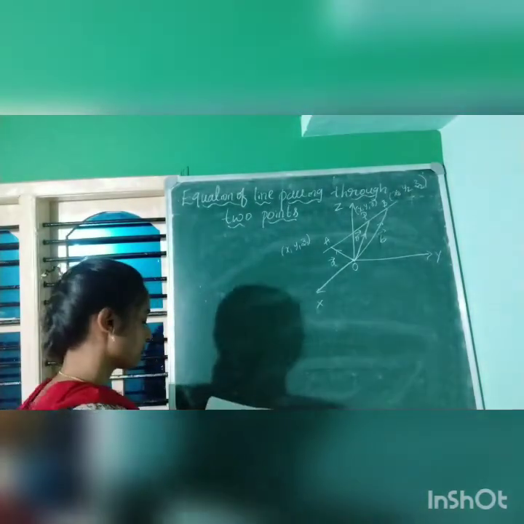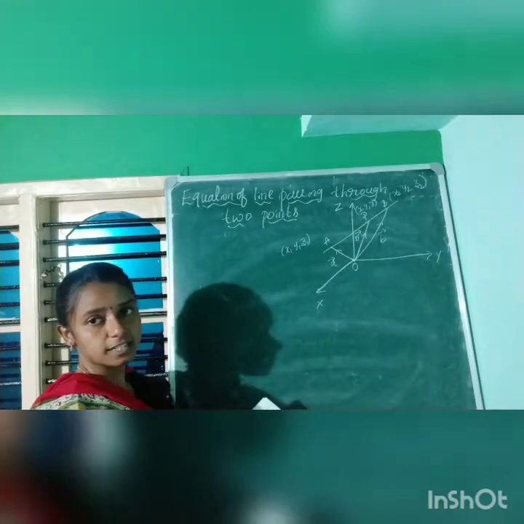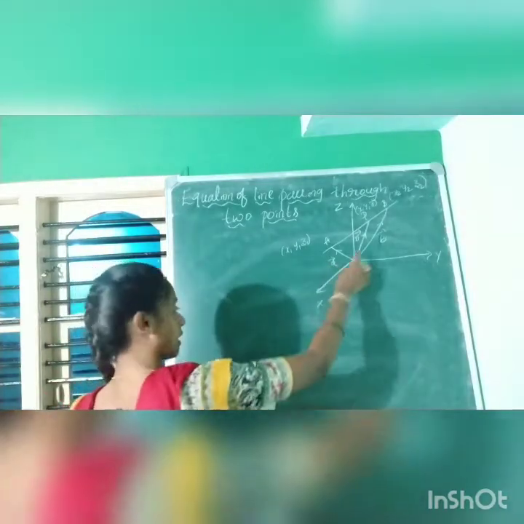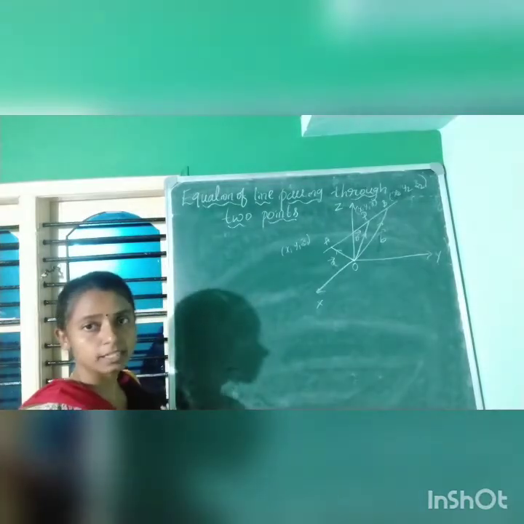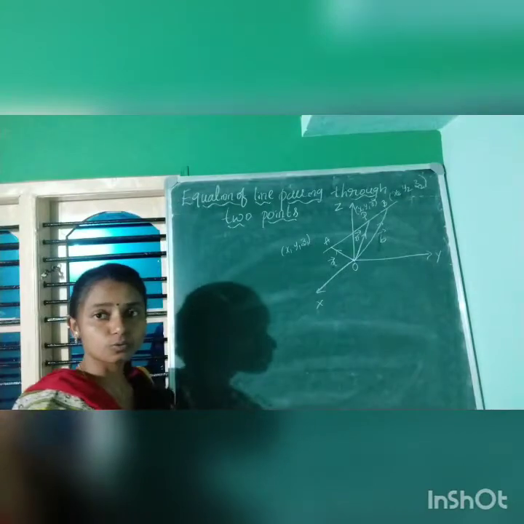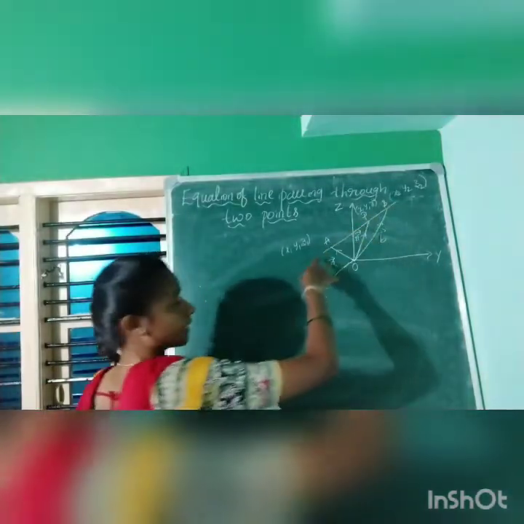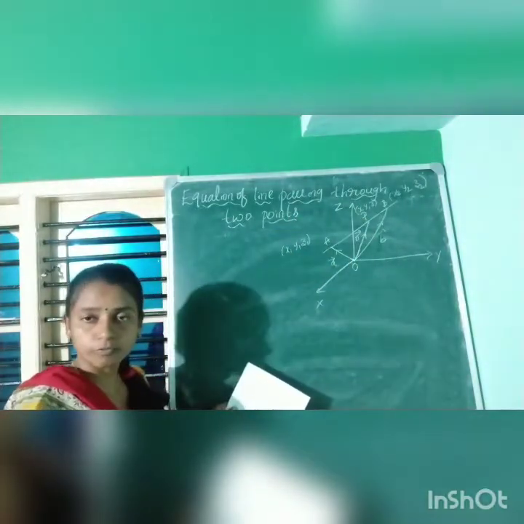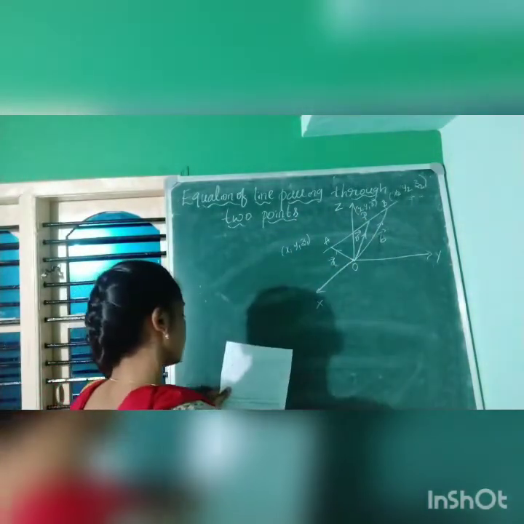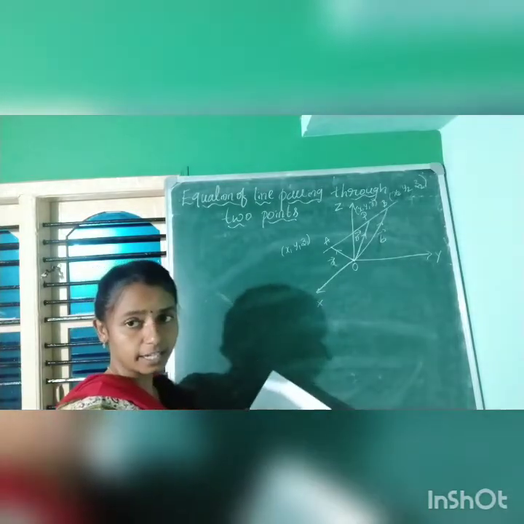So now I'll explain the figure. Here I take the two vectors a and b. These two are the position vectors of the points A of x1, y1, z1 and B of x2, y2, z2. Next, these are lying on the line. Let P be a point of x, y and z which is on the line again.